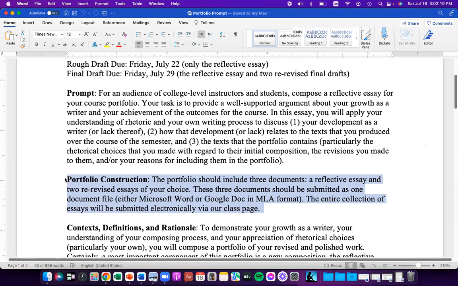The first thing, and the most important thing that you will submit to me, is a new reflective essay that's 5 to 7 pages long, in which you talk about your development in the essays that you have written over the course of the semester. Then you will take those same 2 re-revised essays and you will submit those as well.